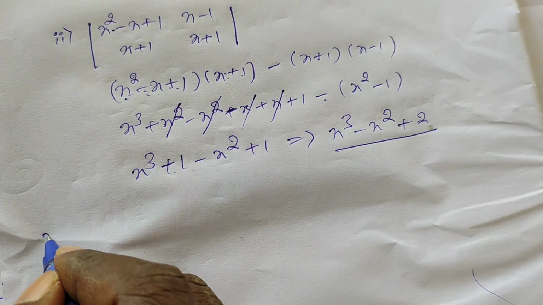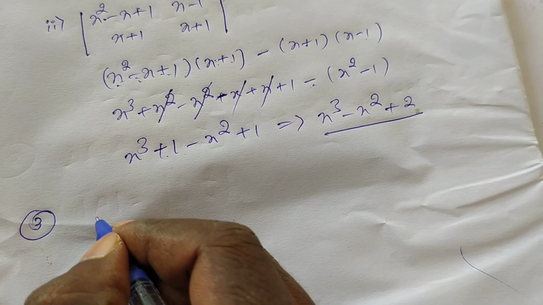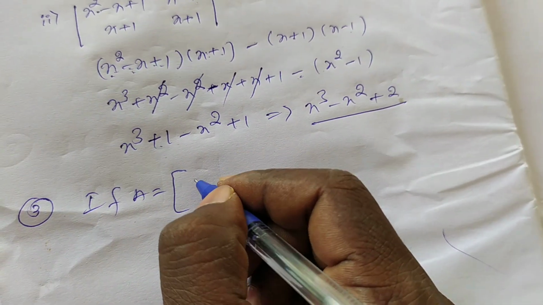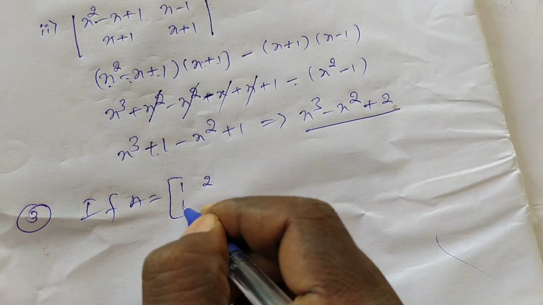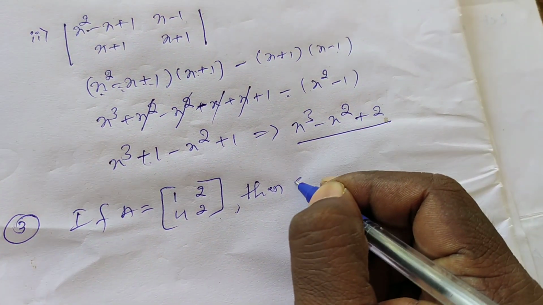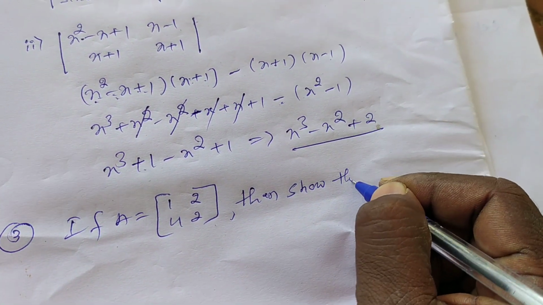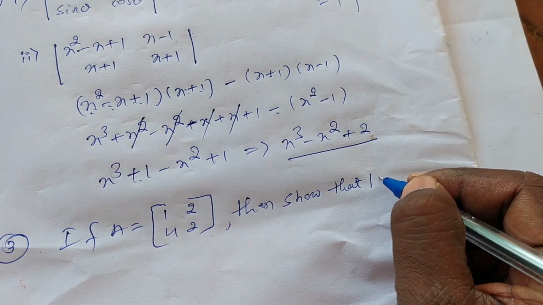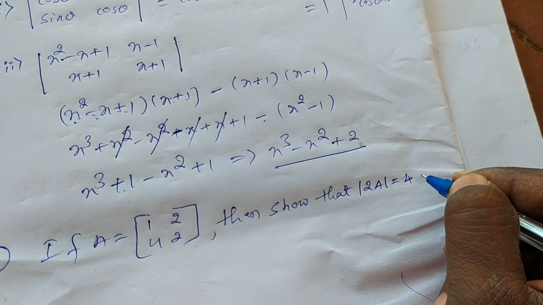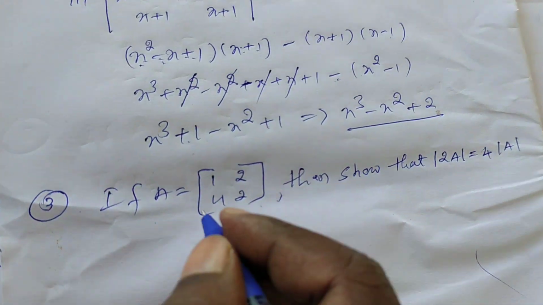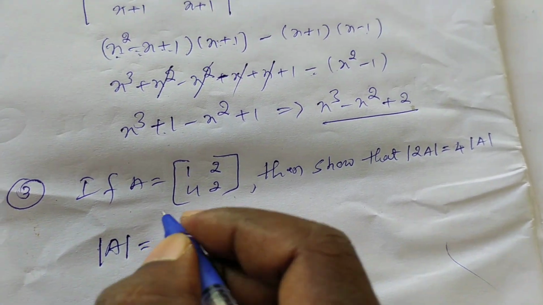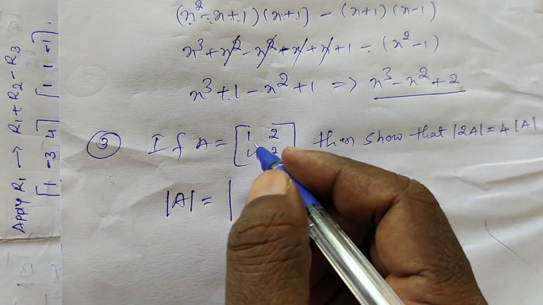Now the next question. If A is equal to the matrix 1 2, 4 2, then show that determinant of 2A is equal to 4 into determinant of A. First find determinant of A. When the matrix is given, you have to write the determinant of that matrix.